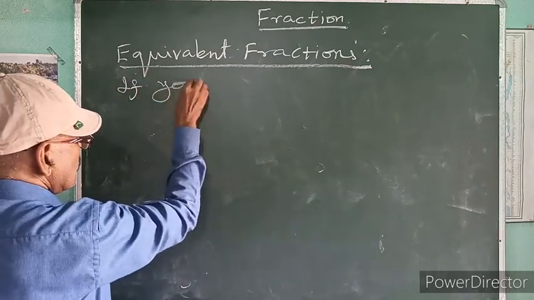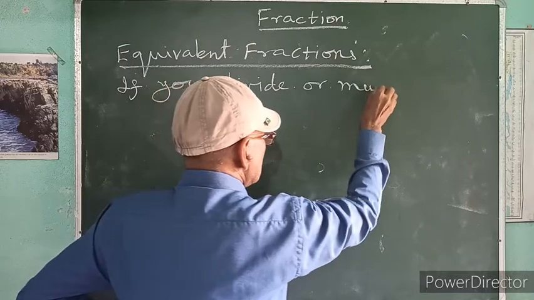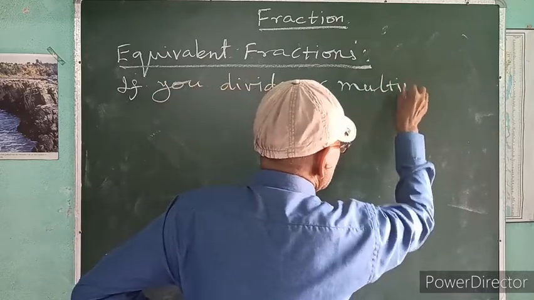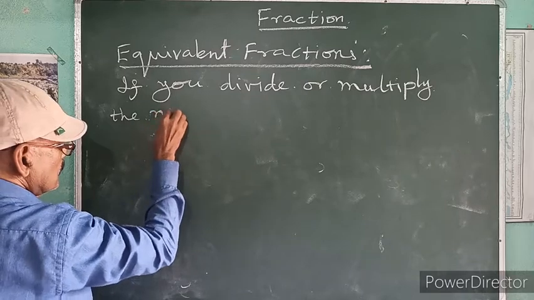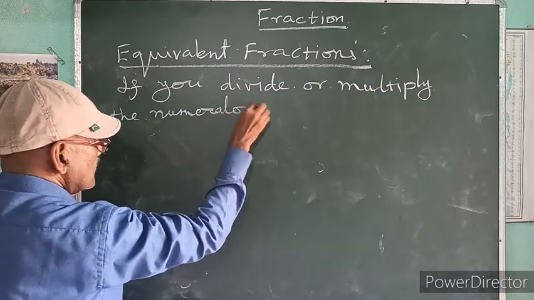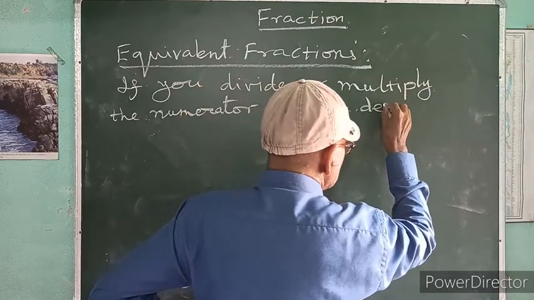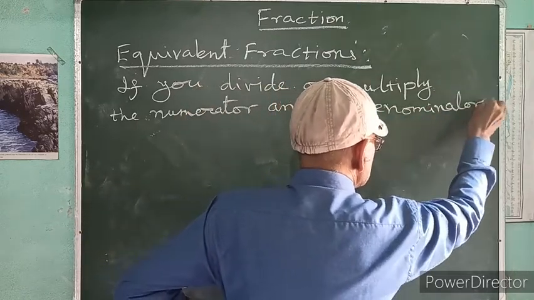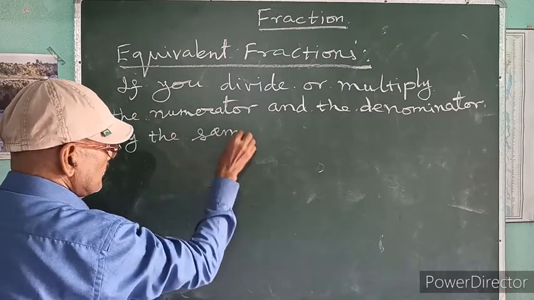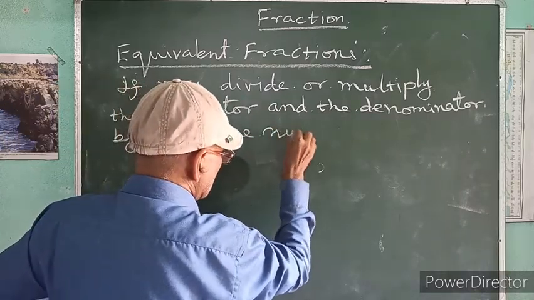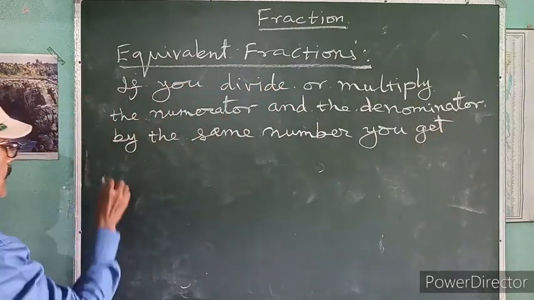Now, if you divide or multiply the numerator and the denominator by the same number, you get the equivalent fractions.